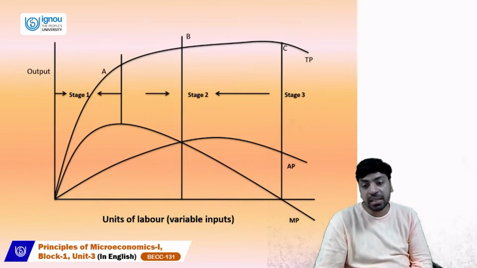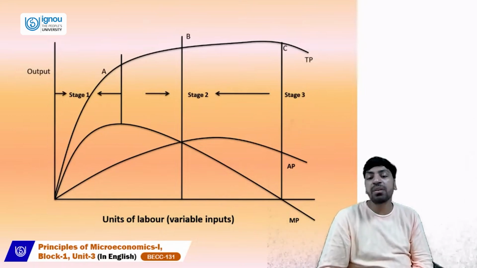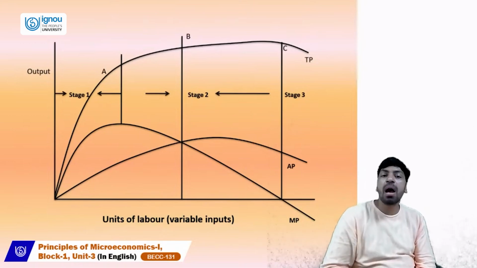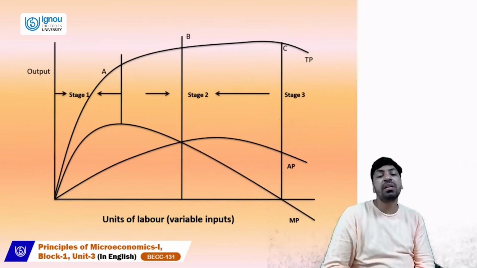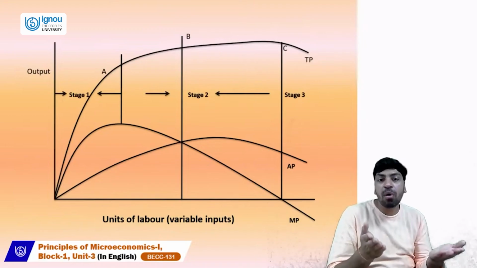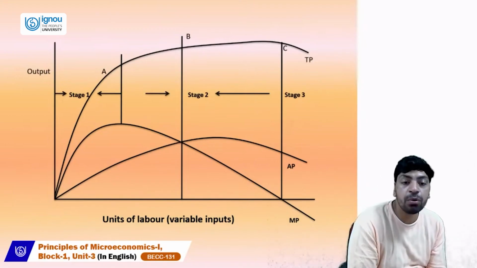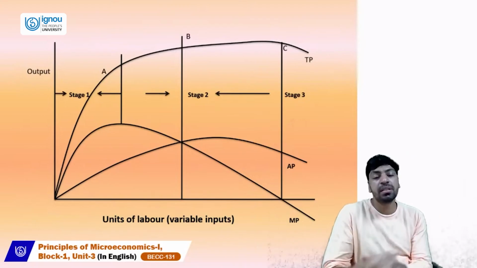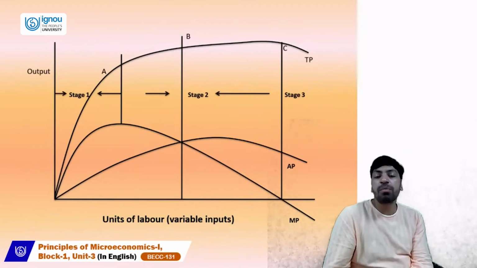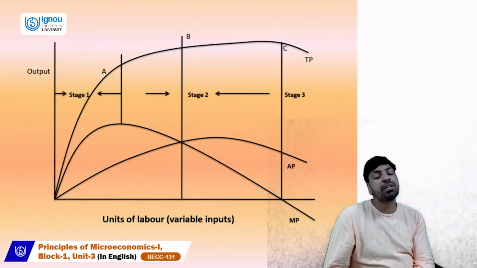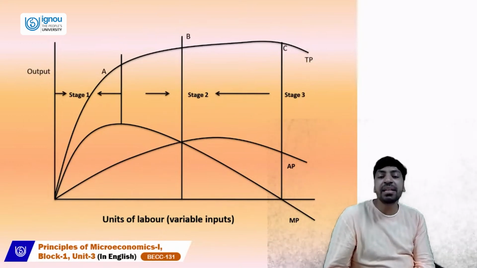When we talk about stage 3, the average product will also decline, and the marginal product will become negative. When we talk about point B, it reaches a peak point or a certain level of output where the average product and the marginal product will intersect each other.